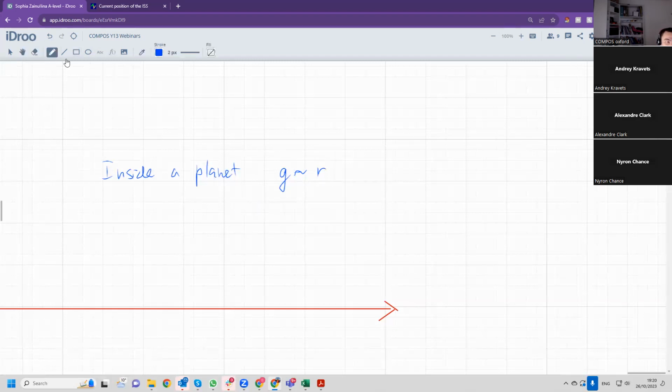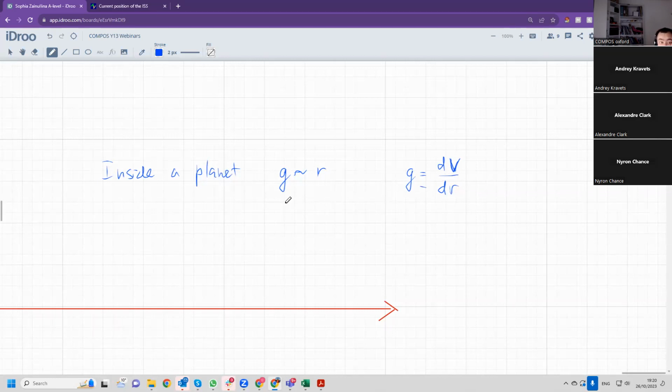Didn't realize that because the gravitational field is the derivative of the gravitational potential. So, derivative of the gravitational potential energy.